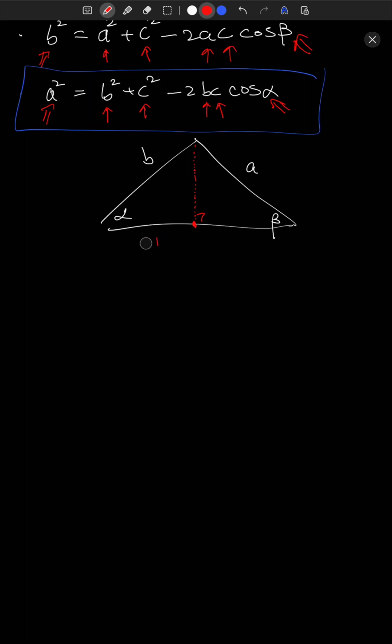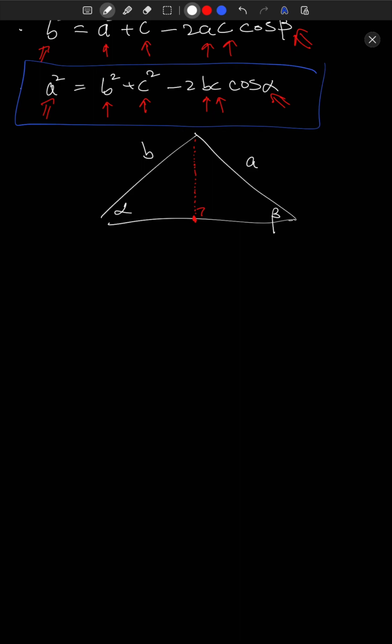The second piece, if the whole thing is C, is C minus C1. So C1 is from here to here, and C minus C1 is from here to there.